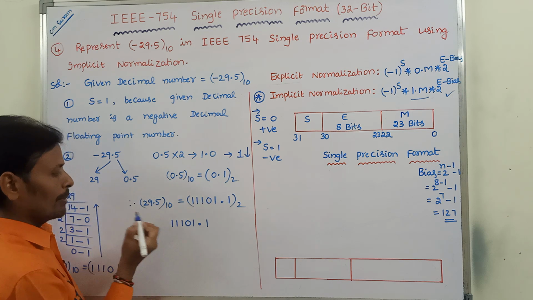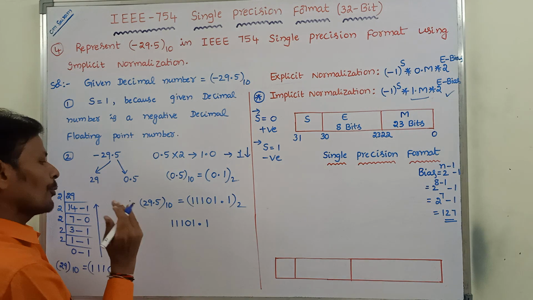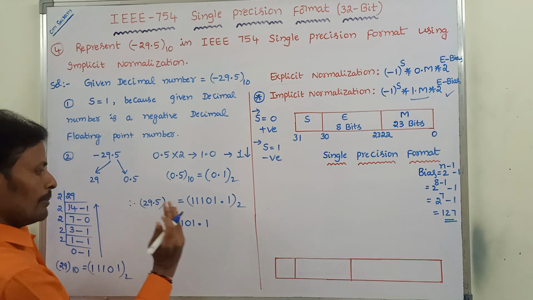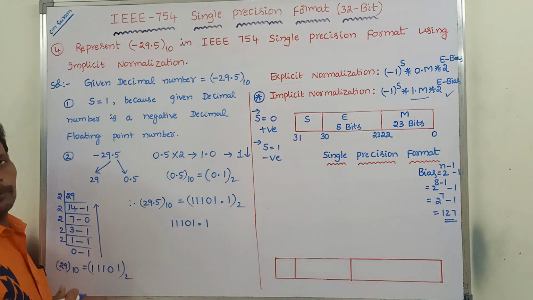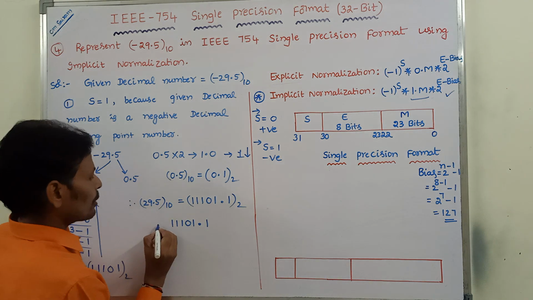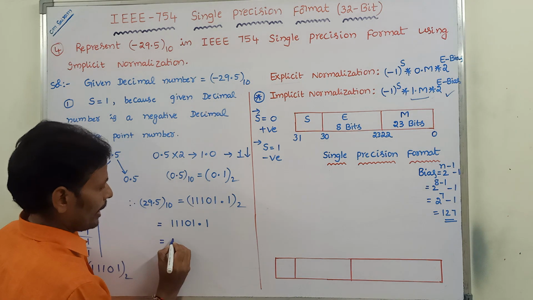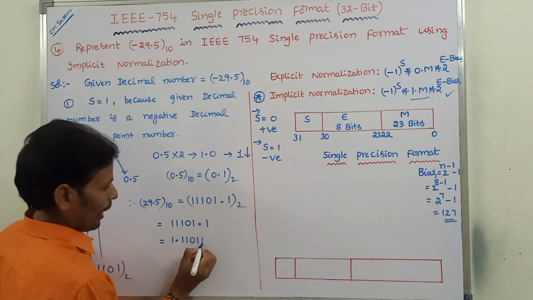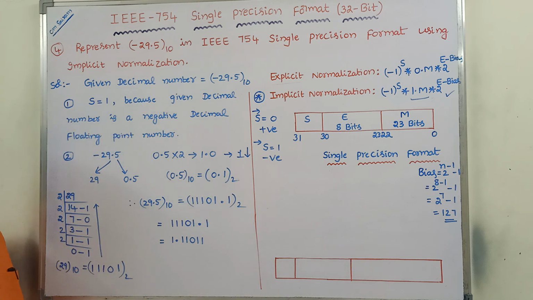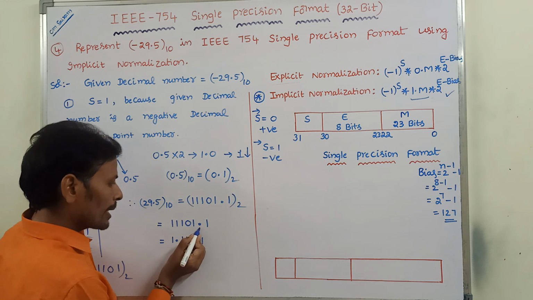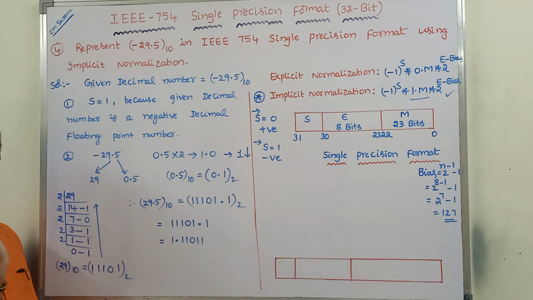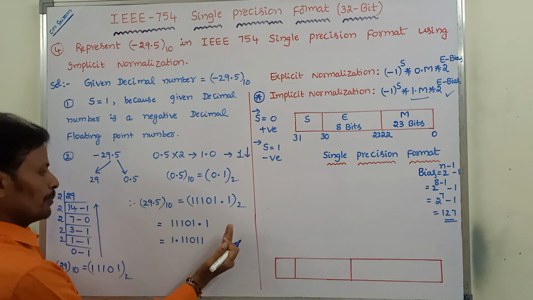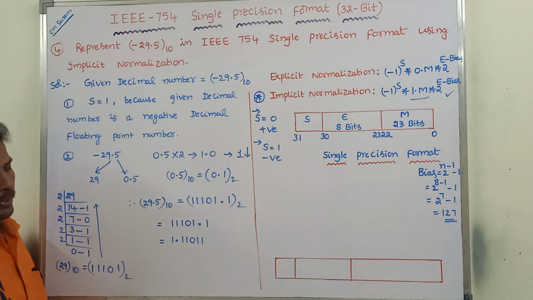And then to this one. So we have to move 4 positions from right to left. Then what are we getting? 1.11011. So move the decimal point 4 positions towards the left.